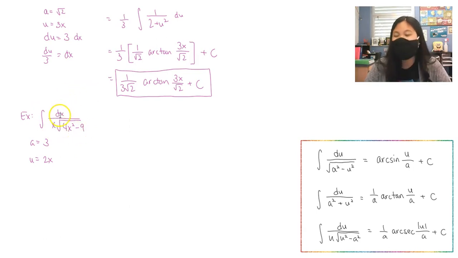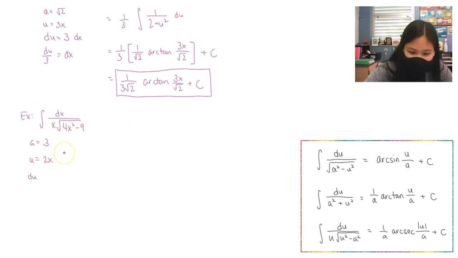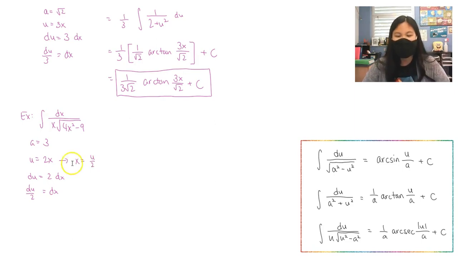So the dx needs to be in terms of u. This x in front also needs to be in terms of u. So that's why I'm going to find du to be 2dx, so that I can get dx equals du over 2. And then also, I'm going to rewrite x in terms of u as well. So divide both sides by 2 to get x equals u over 2.